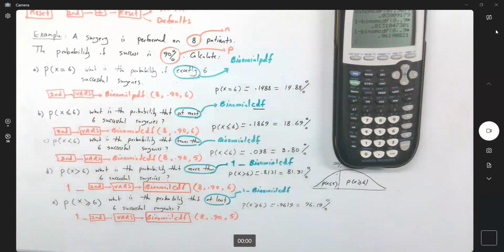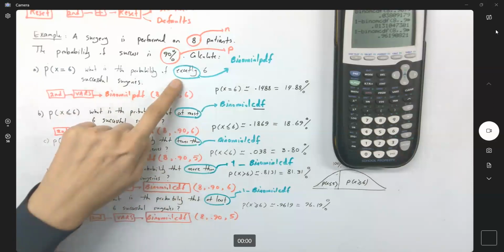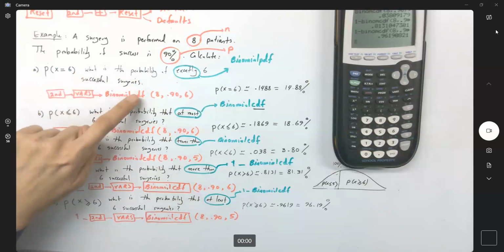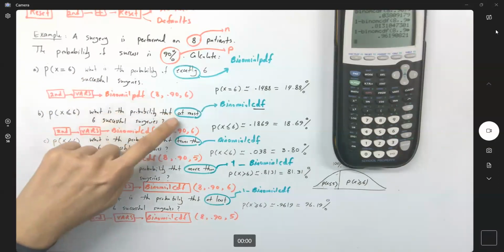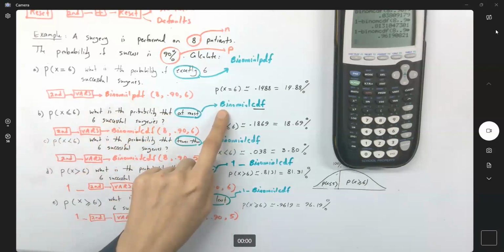These are all the things that you need to do the computation for a binomial probability distribution. You have 1, 2, 3, 4, 5 different scenarios. Each one of these scenarios is associated to one keyword. If you have exactly, you must use binomial PDF. If you have at most, you must use binomial CDF.